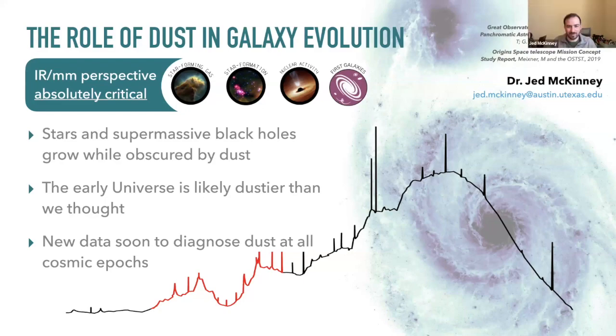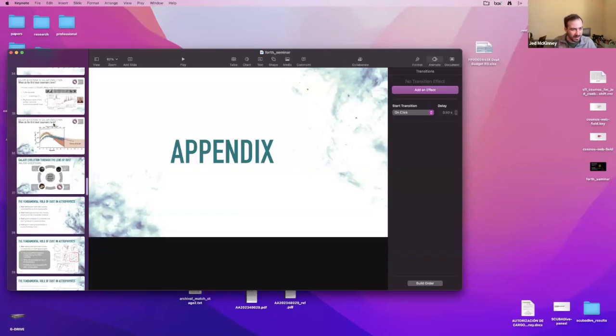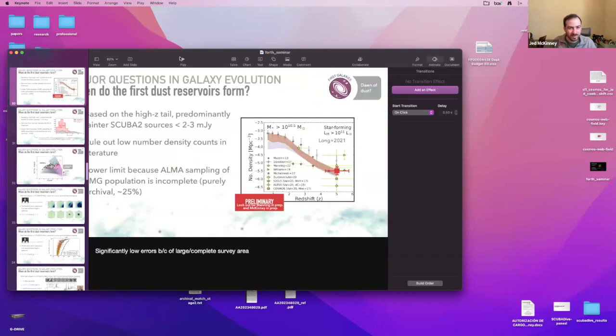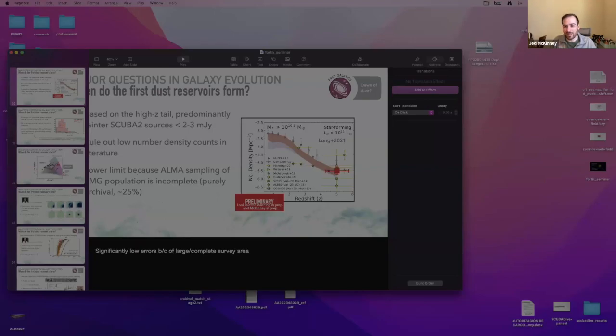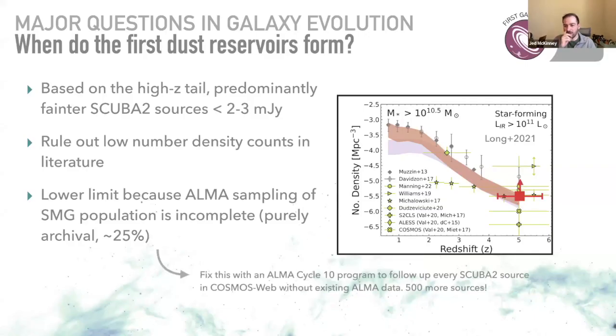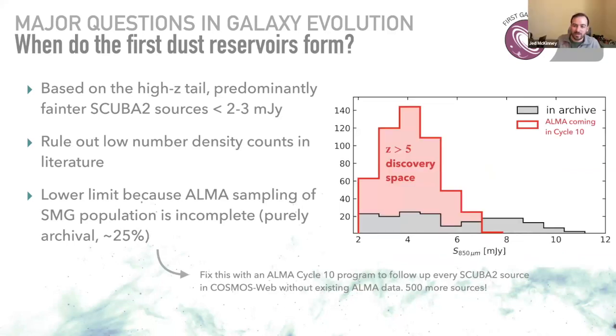I think, right. So what Tanya was asking about is here. So it's really this upper limit. I think it could be almost an order of magnitude higher, basically. Like we really haven't dug into the hundreds of sources on the fainter tail of the SMGs.